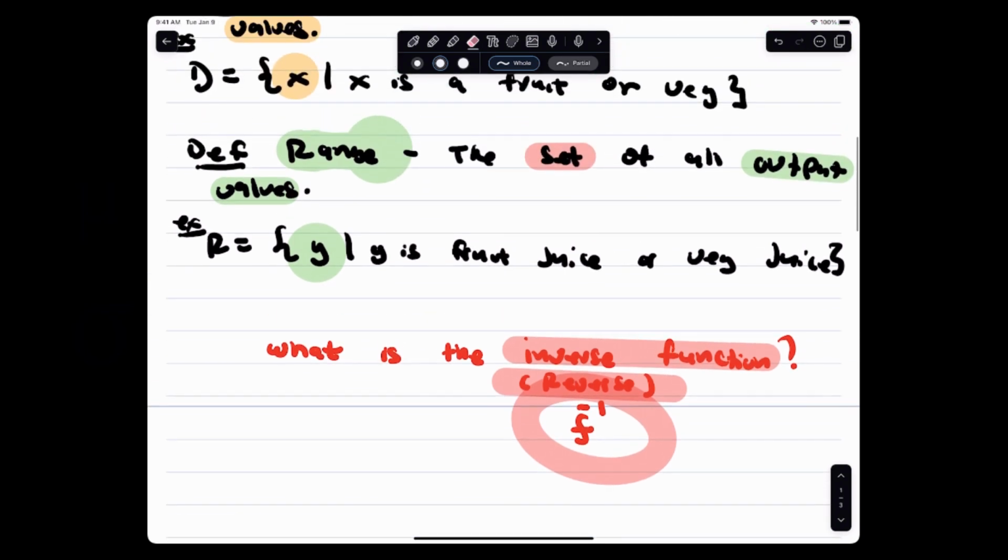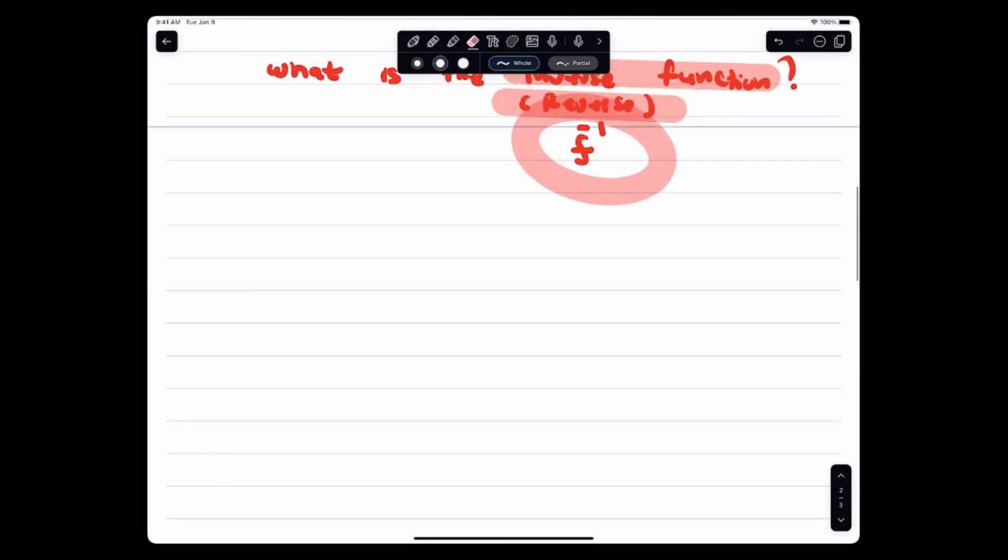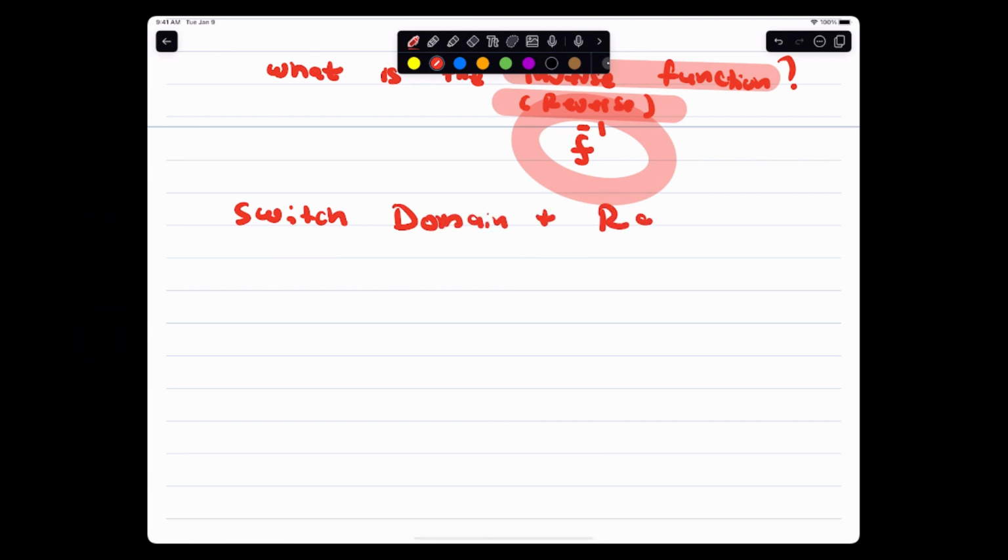All right, so we're talking about working in reverse. What do you mean working in reverse? What we mean is we want to switch your domain and range. This is like working backwards, and that's kind of an amazing idea in some ways.